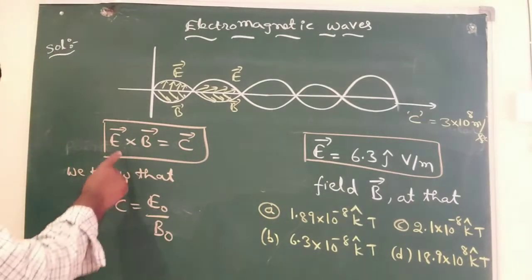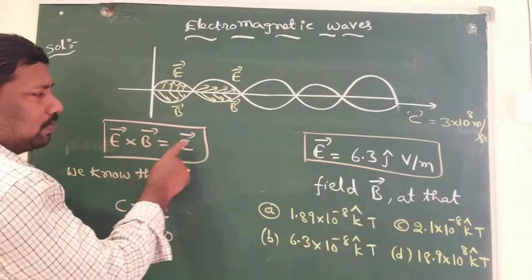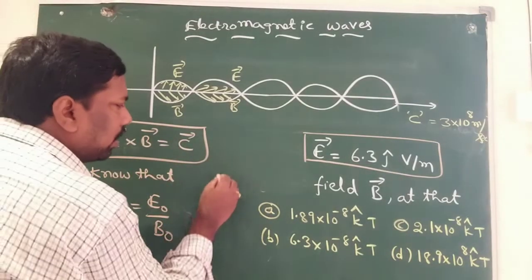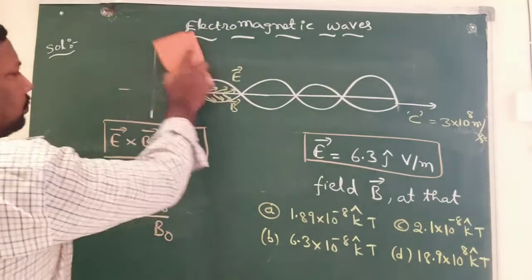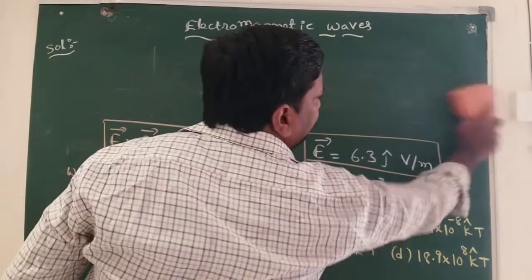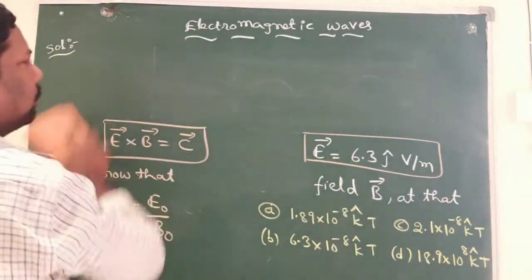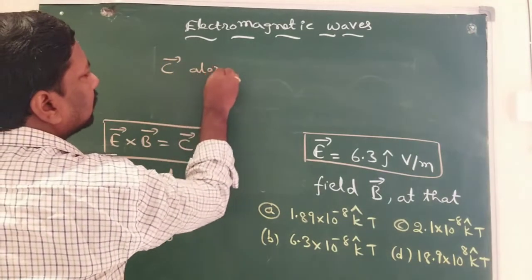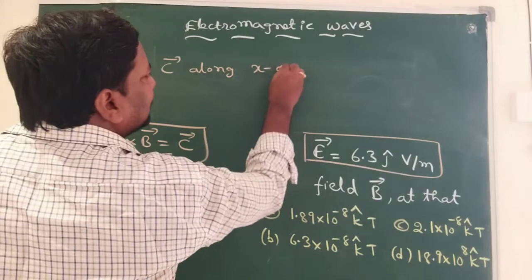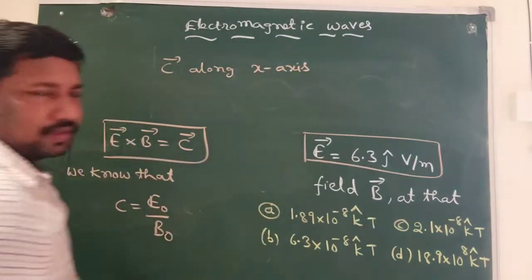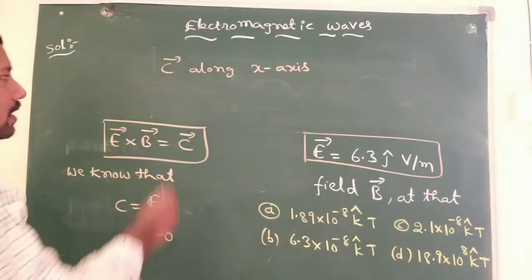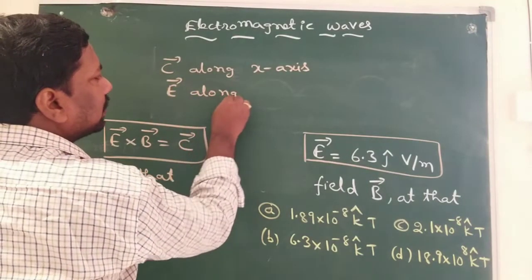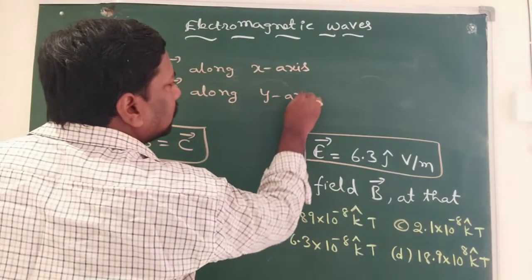Now when E bar cross B bar equals C bar, in the given problem C bar is along the x-axis and E bar is along the y-axis. Why?